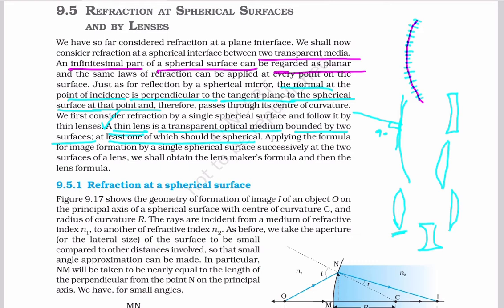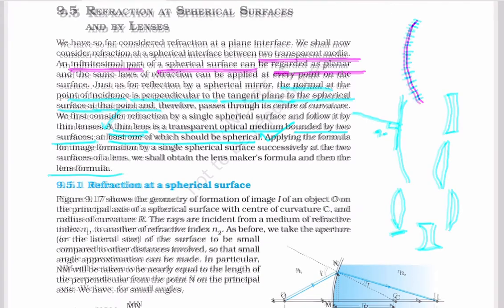We will be discussing all those types of lenses, applying the formula for image formation by a single spherical surface successively at the two surfaces of a lens. We shall obtain the lens formula.